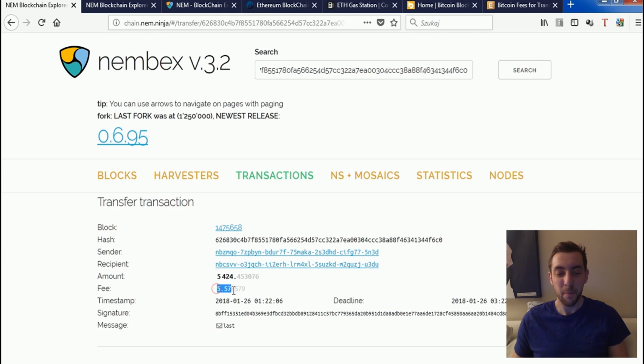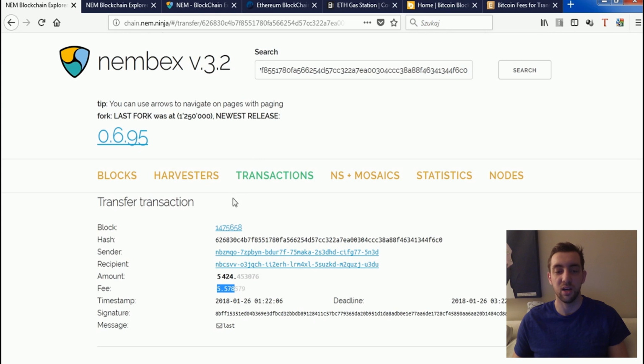If you are sending XEM from exchanges, or even Ether or Bitcoin from exchanges, exchanges have some internal fee structure. So mostly you are paying like 5 up to even 20 XEM for the withdrawal from your account to your wallet. It's a lot, and it's because exchanges just decided to use it.